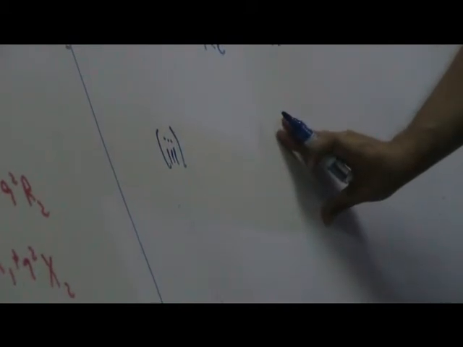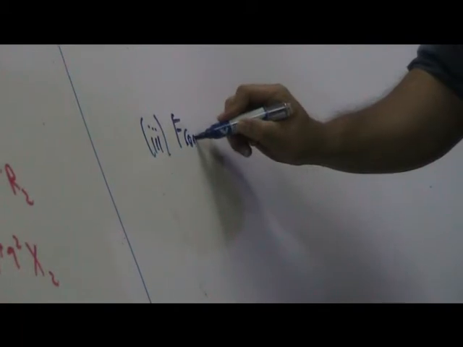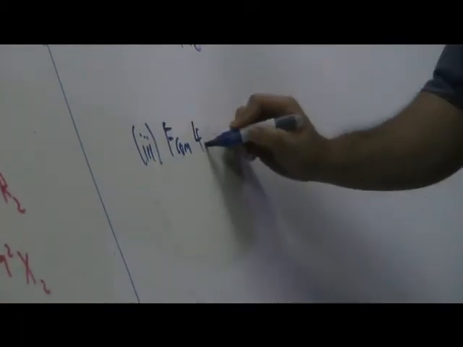Now the full load copper losses. The full load current we calculated in part 4.2A.